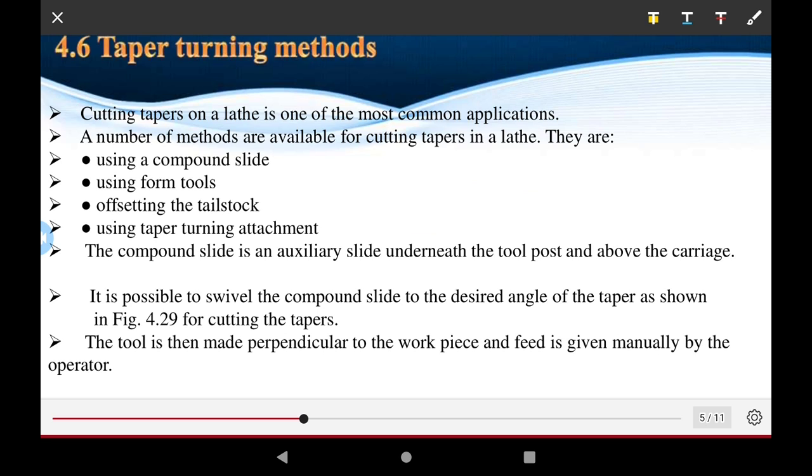The cutting operation is used in taper turning. The tool is made to move perpendicular to the workpiece and the feed is given further.